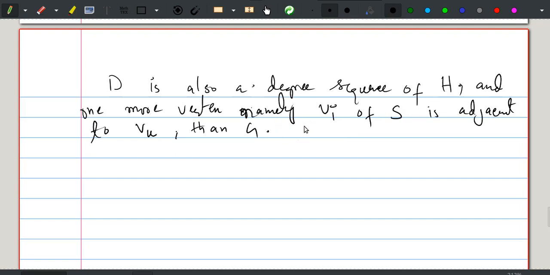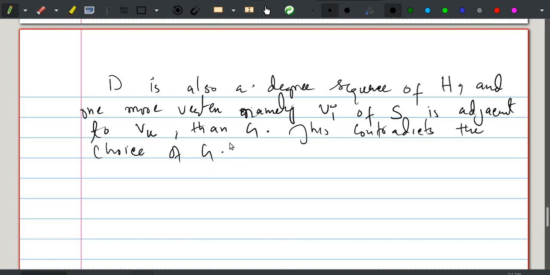So this contradicts the choice of G. Hence a contradiction.